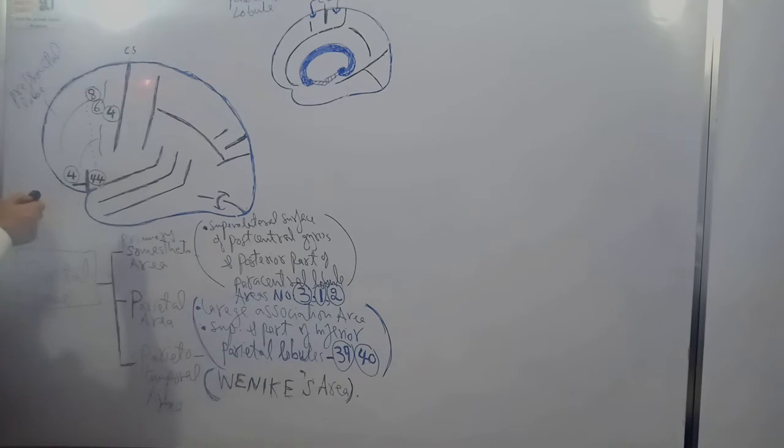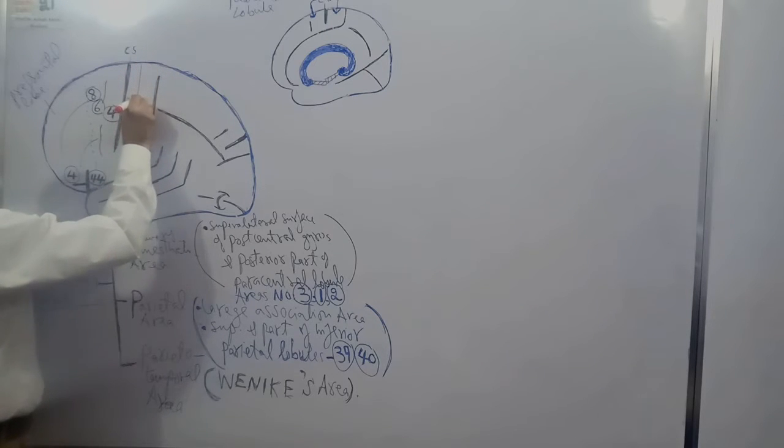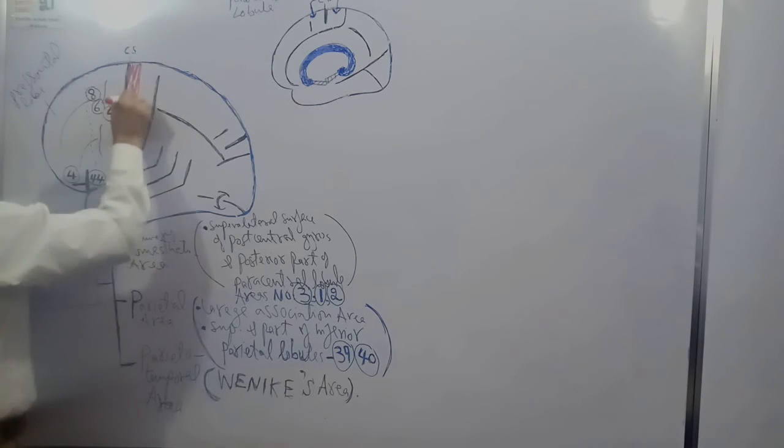This is somatosensory area or sensory cortical area. This is divided into 3 parts: anterior part, middle part and posterior part.